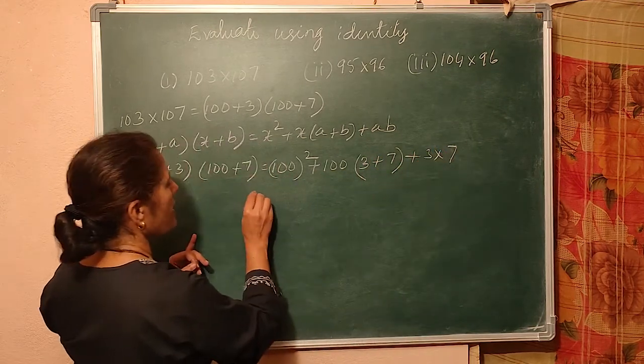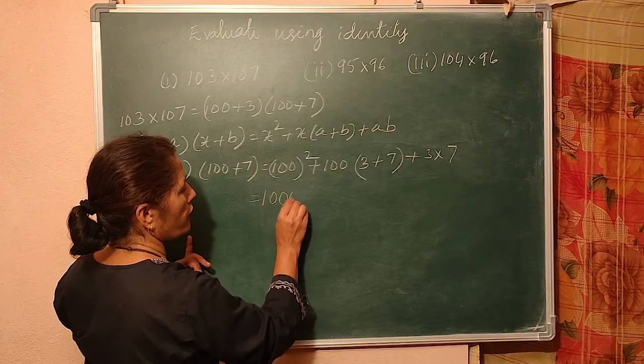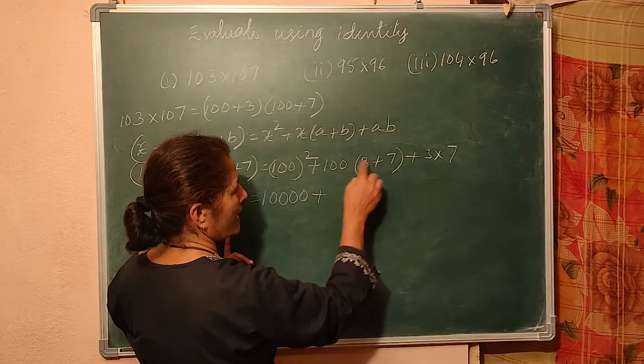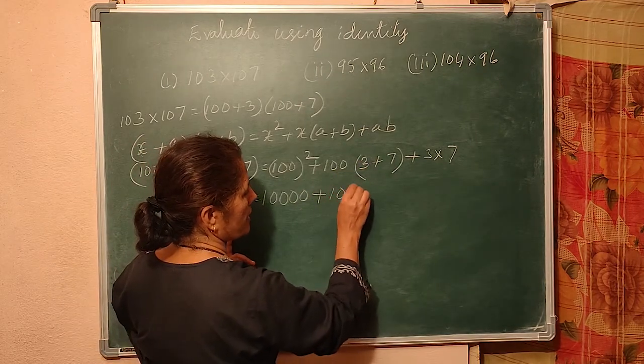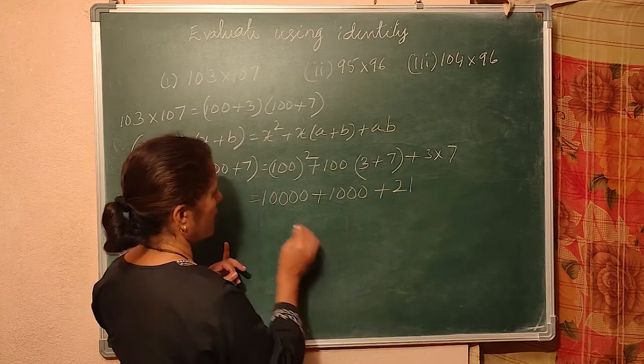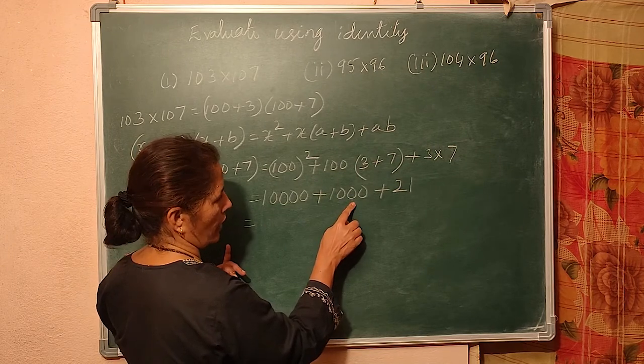So you get 100 whole square, which is 1 followed by 4 zeros, plus 3 plus 7 is 10, 10 into 100 is 1000, plus 3 sevens are 21. So what do you get? 10,000 plus 1,000, 11,000.